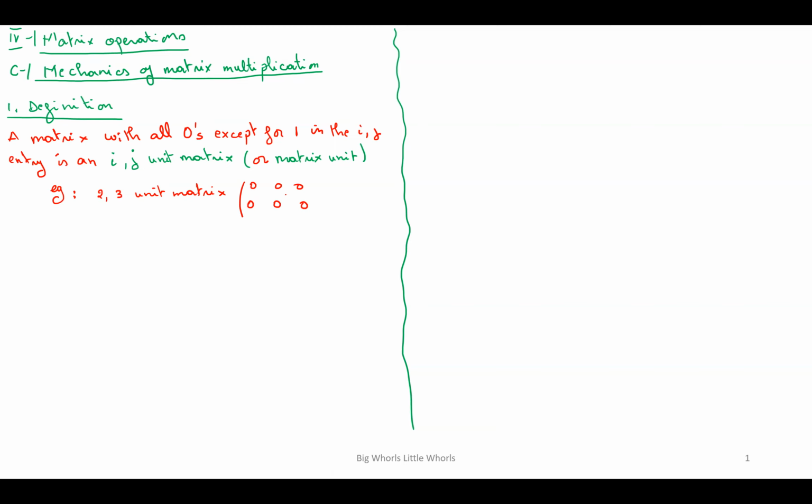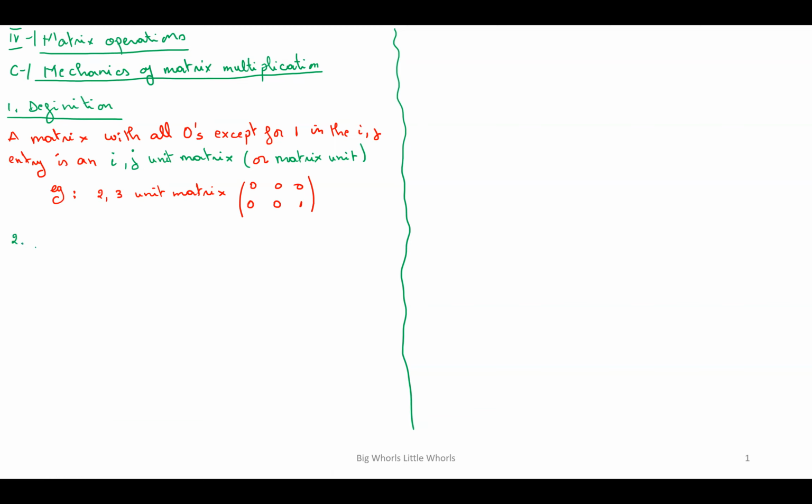Everything is 0 except for a 1 in the matrix, and the 1 is in the 2 3 entry, so second row, third column.